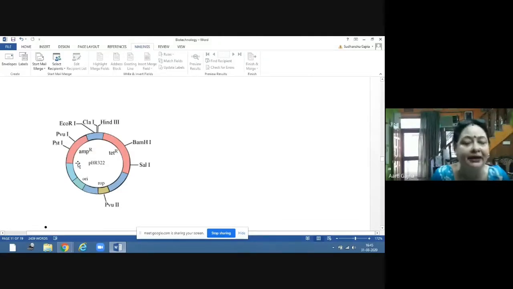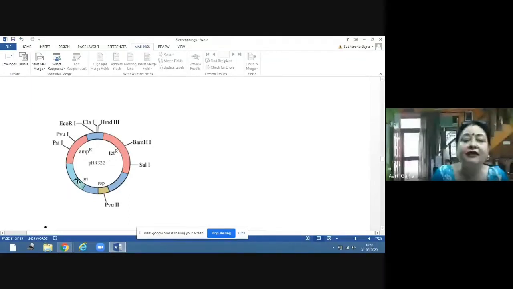Ampicillin is an antibiotic. So this is the gene which is responsible for ampicillin resistance. This Tet R is for tetracycline. So tetracycline is again one antibiotic, and this gene is for the tetracycline resistance.